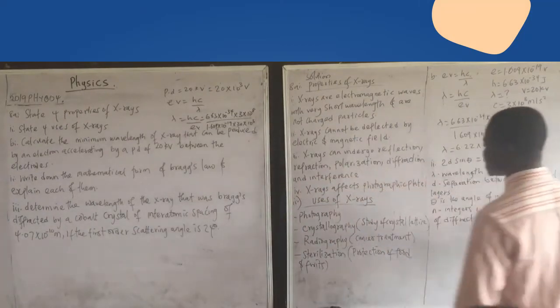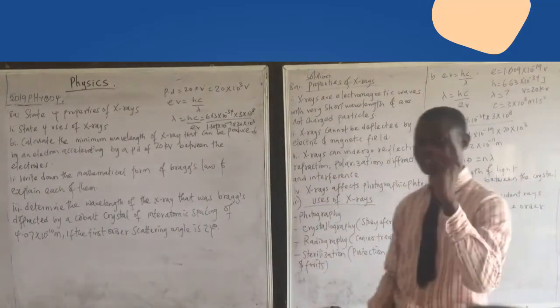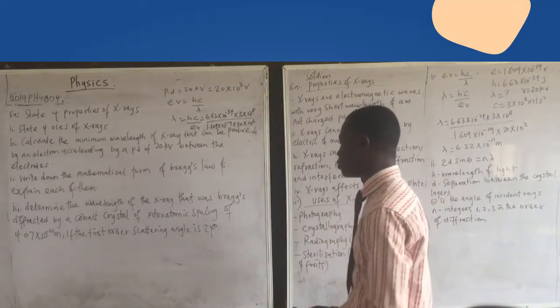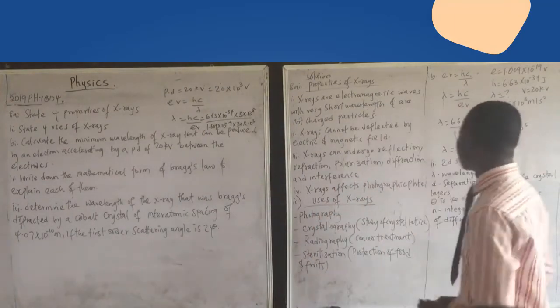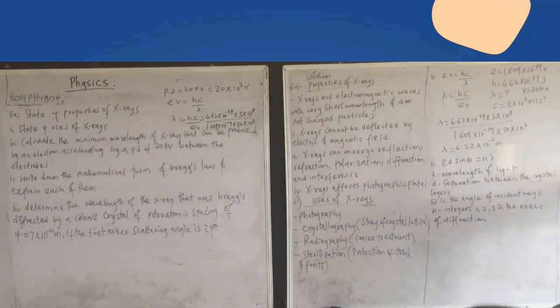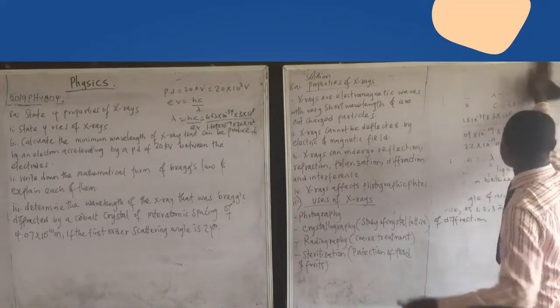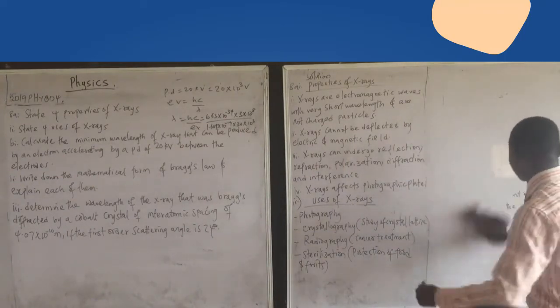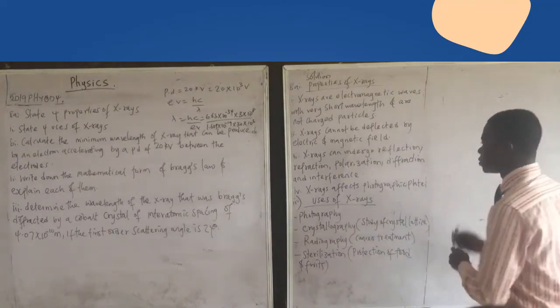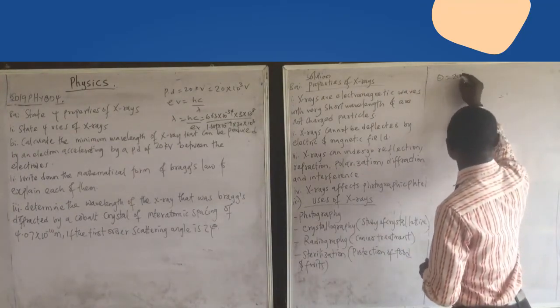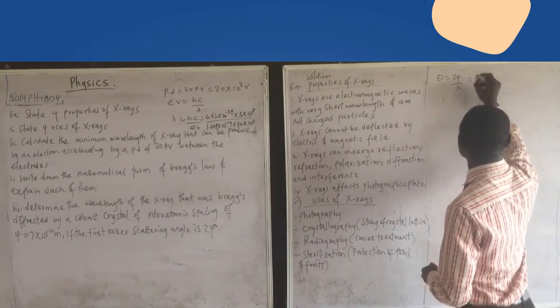Since it's the first order scattering angle, you divide it by 2. So theta equals 24 over 2, which is 12 degrees.